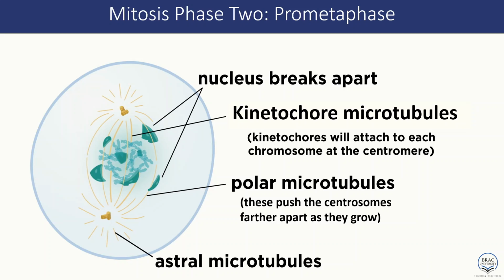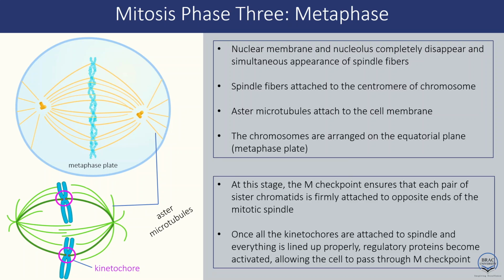So in a nutshell, this is happening: the nuclear membrane breaks down, the nucleolus disappears, allowing the chromosomes to be separated, and different types of microtubules are visible depending on their function. So that's the prometaphase. In the next phase, that is the metaphase.